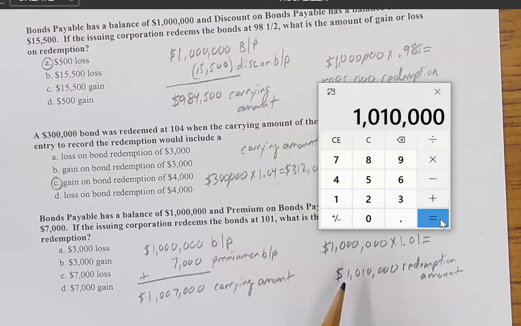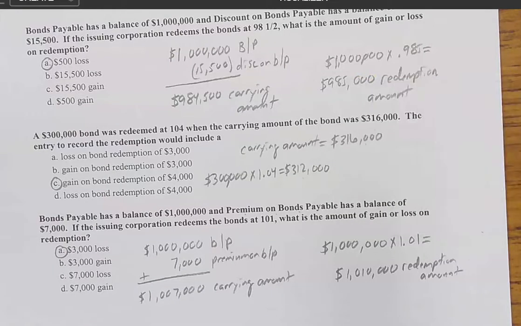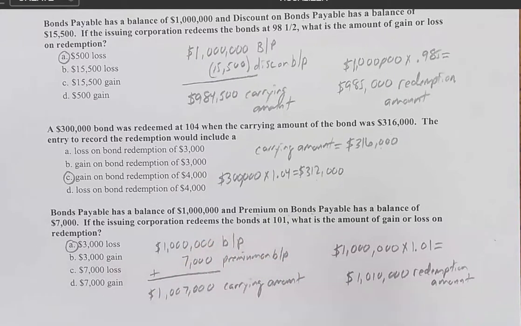And I want to say one thing. Don't give up just yet. We know what the answer is. We have a $3,000 loss. But you say, well, why would the company do this? Well, because if the company is paying significantly too much interest, yes, they might lose $3,000 on this bond redemption, but they might be saving over the long term much more than that.